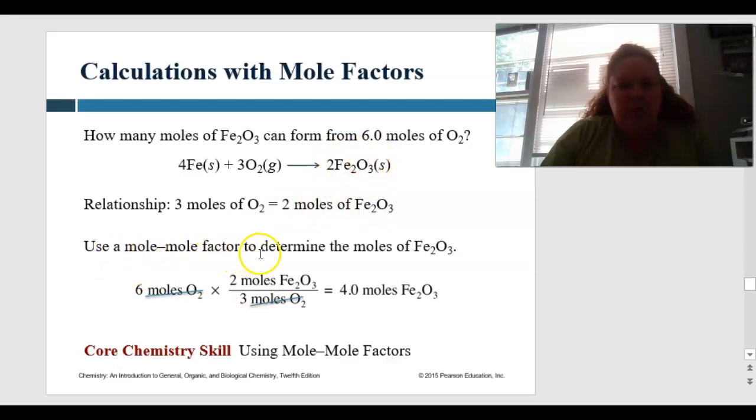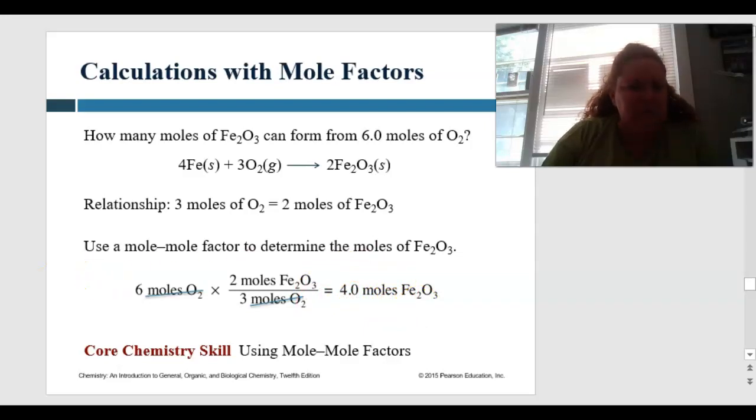Let's use that mole-to-mole factor to determine the moles of Fe2O3. We have 6 moles of O2, because we were asked about 6 moles of O2, times the conversion factor of 2 moles Fe2O3 over 3 moles of oxygen. We want the 3 moles of oxygen to cancel out, so we have 6 times 2 divided by 3, and that gives you 4 moles of Fe2O3.